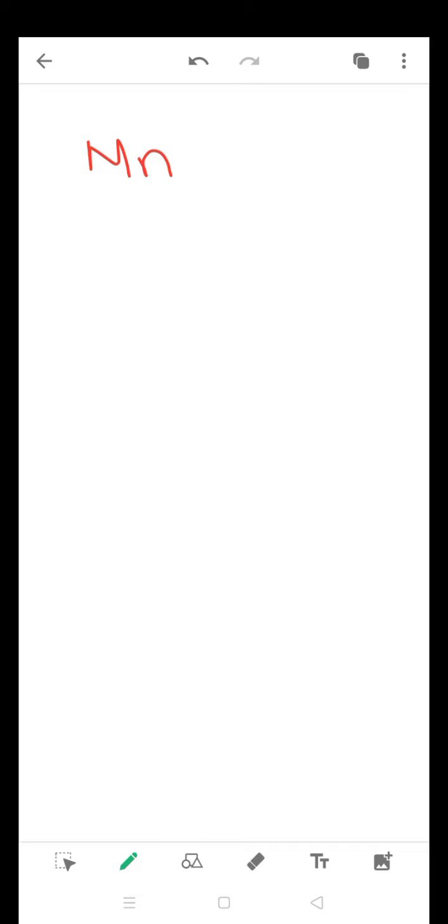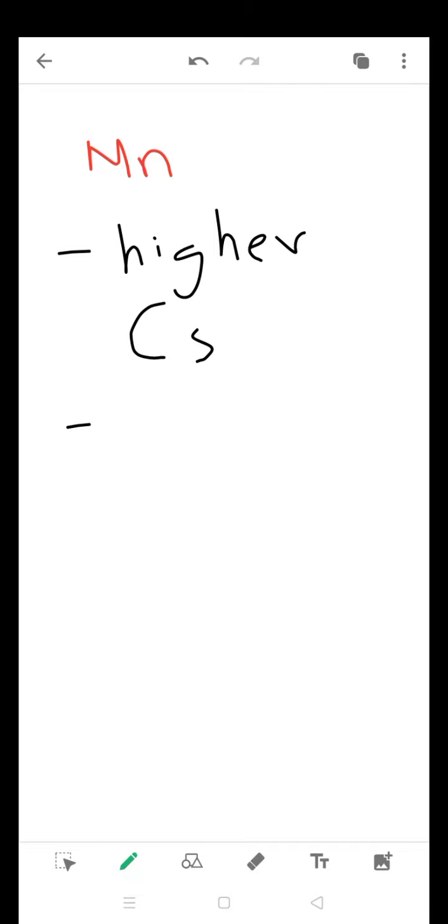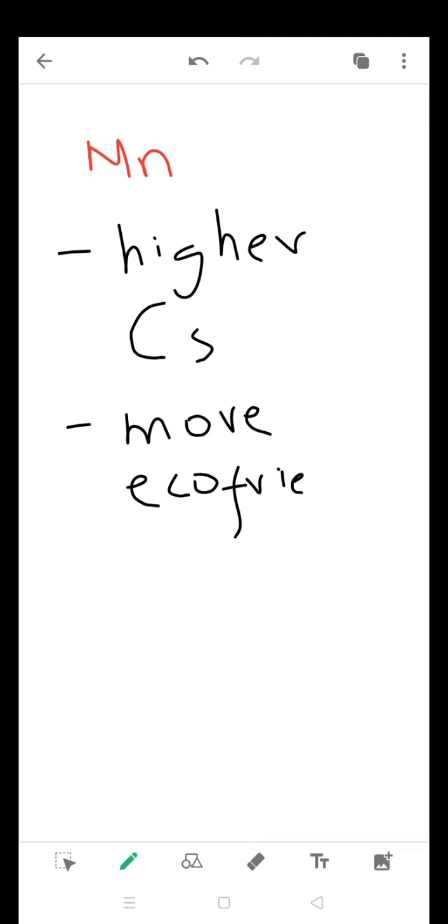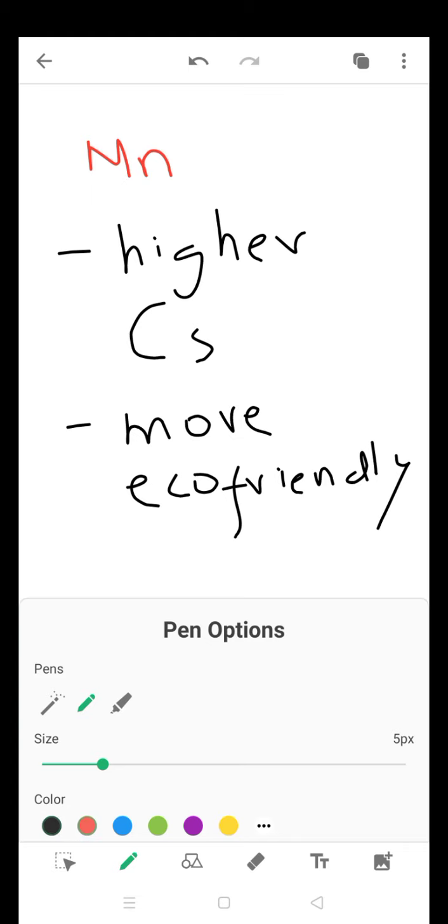Now, the reason manganese is used in place of copper is that it has a higher specific capacity. I will tell you what it means, and it is also more eco-friendly. Okay, these are the two reasons why manganese is being preferred.